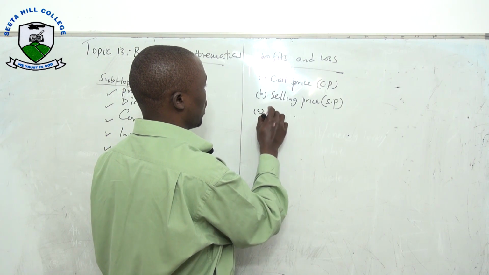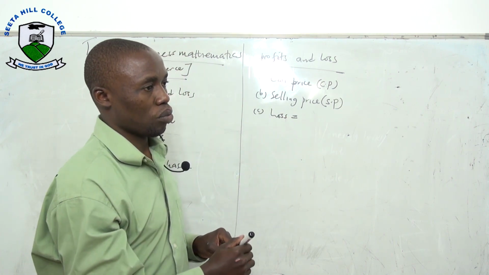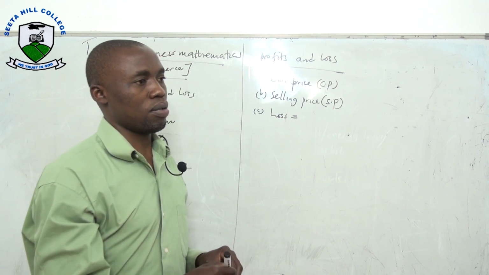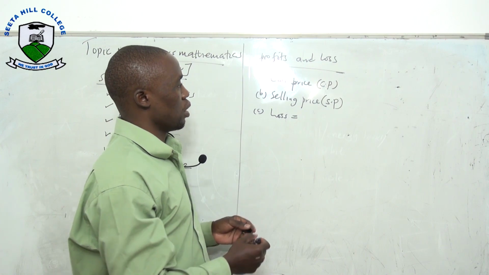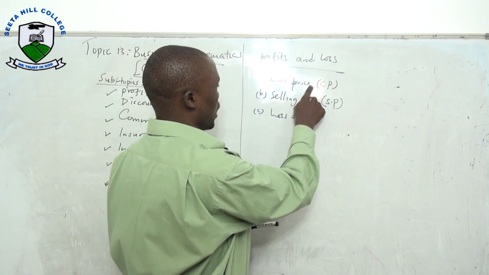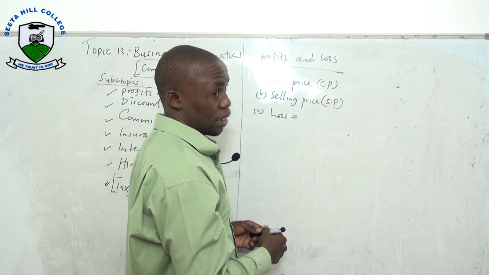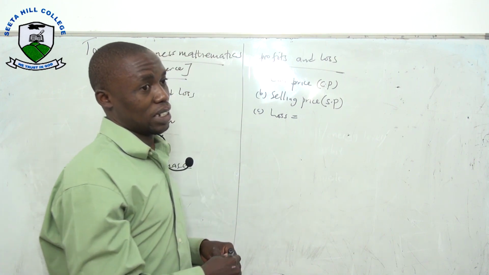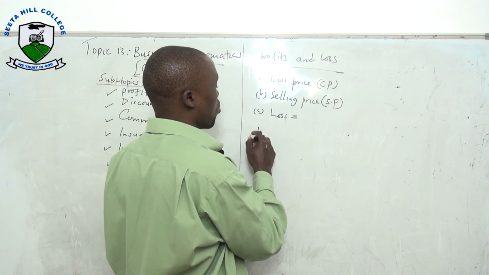Yes. Loss. What to make a loss? The selling price minus... Which one is lower? Selling price and cost price. The selling price is less in making a loss. Therefore, who subtracts the other?